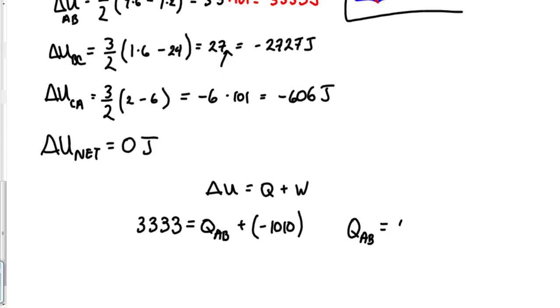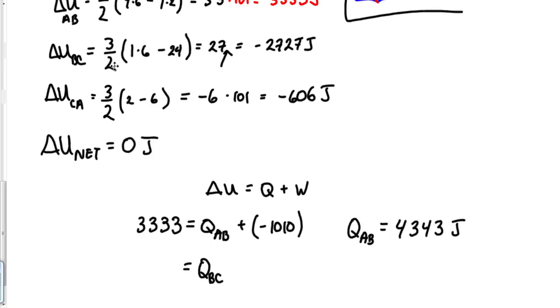So we've got 4,000. Why am I forgetting that 3? We've got 4,000. Long day. 4,343 joules for my Q AB. Now let's do a Q for B to C. And all I have to do is the same thing again.